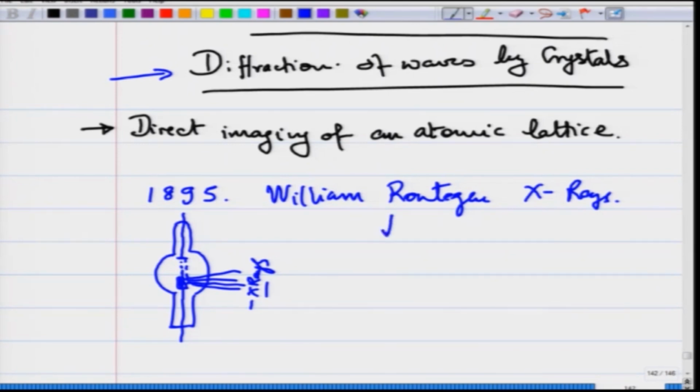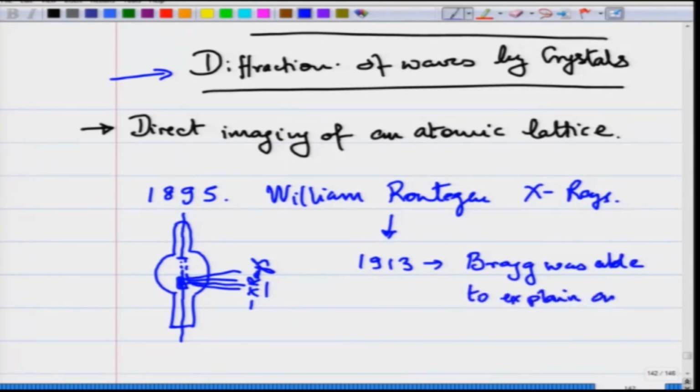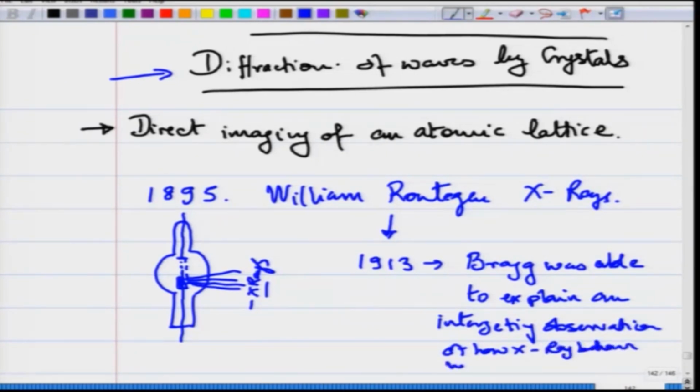Ultimately in 1913, Bragg was able to explain an interesting observation of how X-rays behave when they reflect off a crystal at a particular angle.